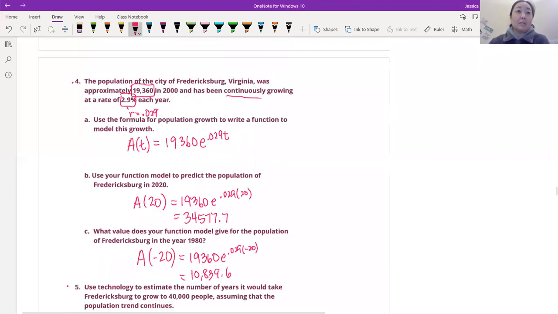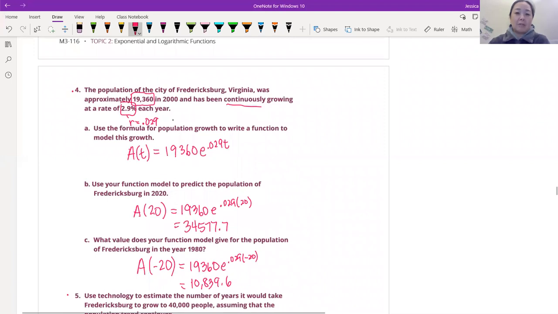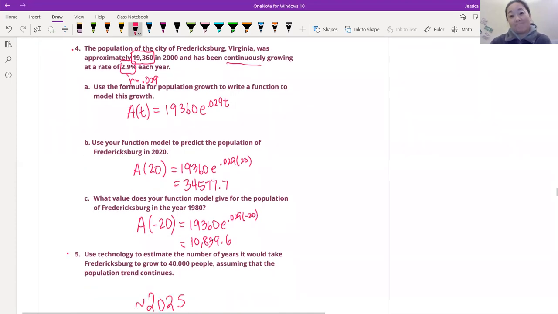Who can predict last year? I don't know if anybody predicted last year. So these numbers are probably off, but if we didn't have that, then this is what we would have predicted. So COVID would be another good reason why this model probably wouldn't have worked.